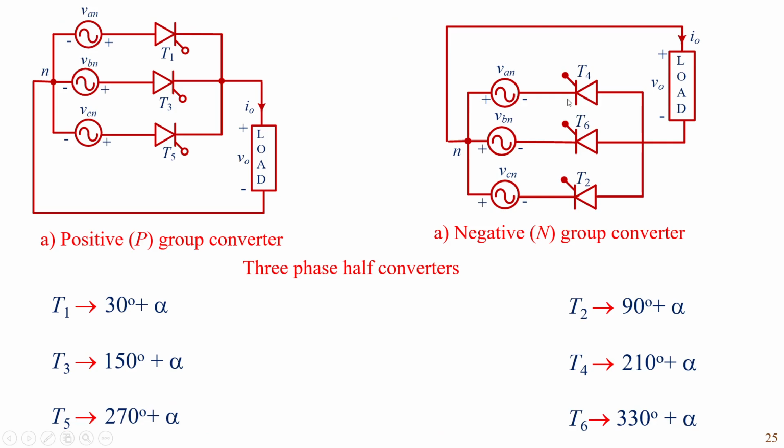In three-phase half converter, there are two types. One is P group converter, which conducts only in the positive half cycle of input voltage, and N group converter, which conducts only in the negative half cycle of input voltage.